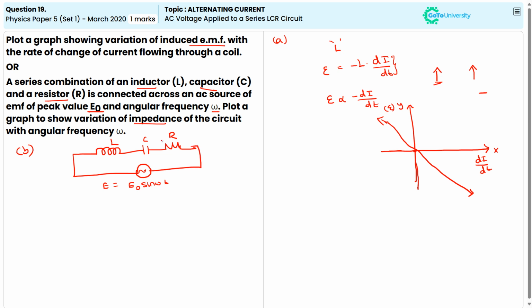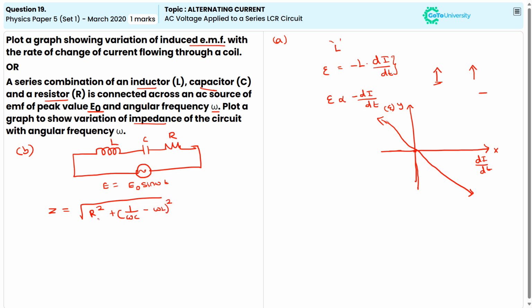Now they are asking us to plot the graph to show variation of impedance of the circuit with angular frequency omega. So we know that the impedance of an LCR circuit is Z equal to square root of R square plus XC minus XL the whole square. We can write it as 1 by omega C minus omega L the whole square.